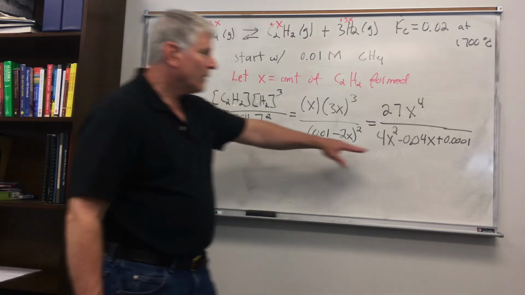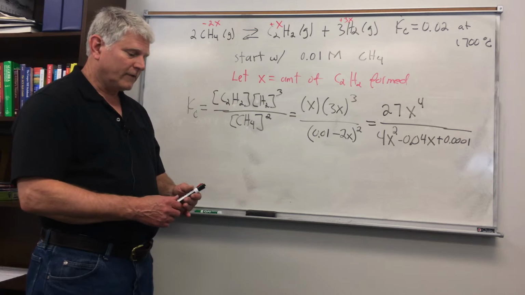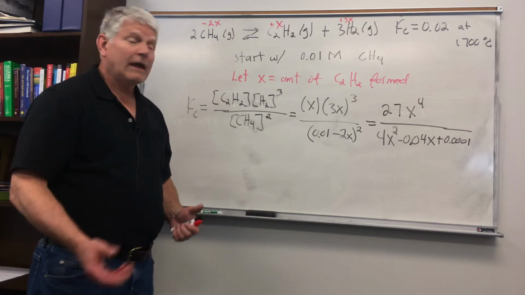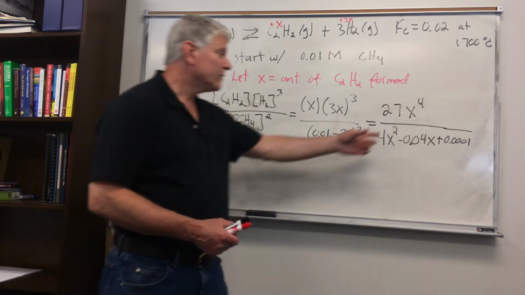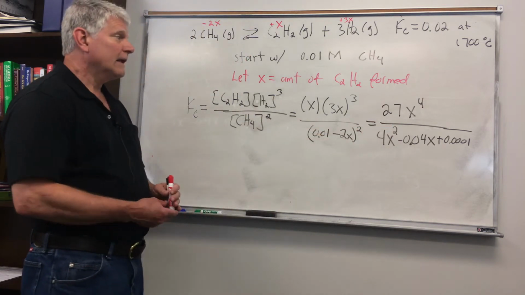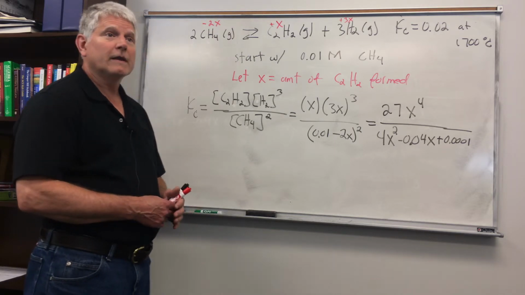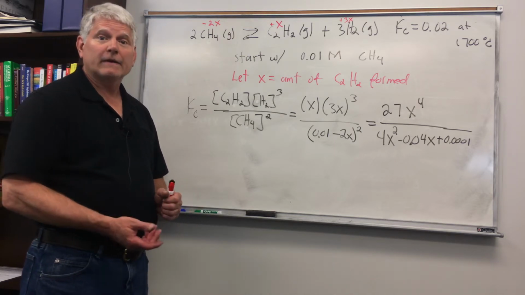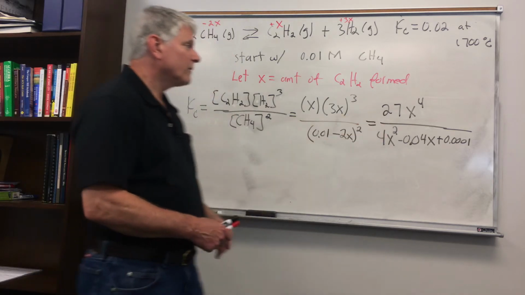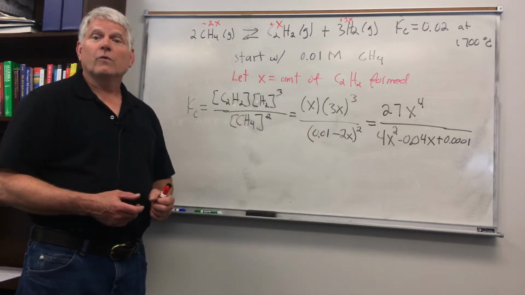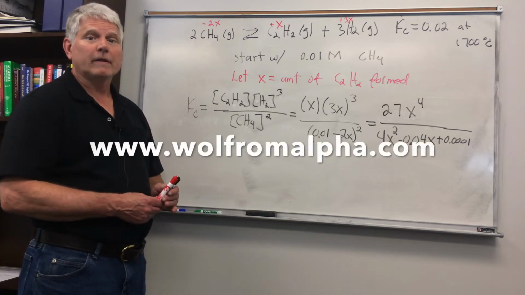So what I would do in this case is I would use a polynomial solver, and your calculator will probably do it if you have a modern calculator, or you could go to the web and find a polynomial solver. And as students at Ole Miss, you can use the program Mathematica for free. You can download it. It has a polynomial solver, or you can use Wolfram Alpha. It's free on the web, and it has a polynomial solver.